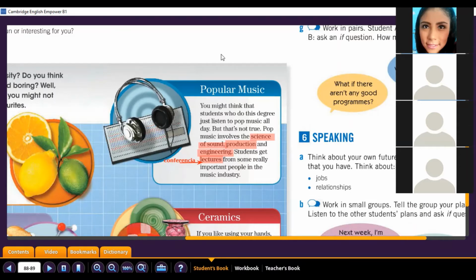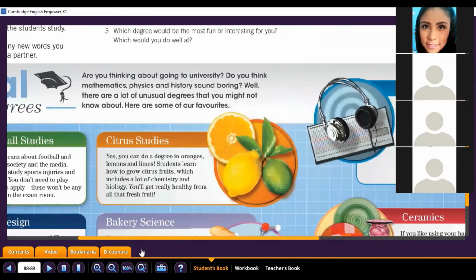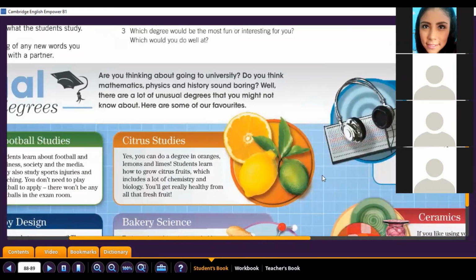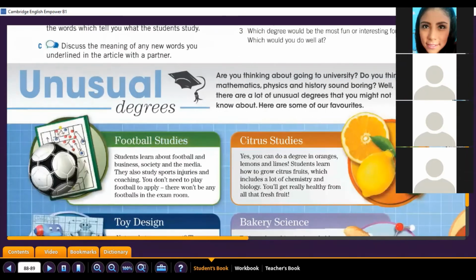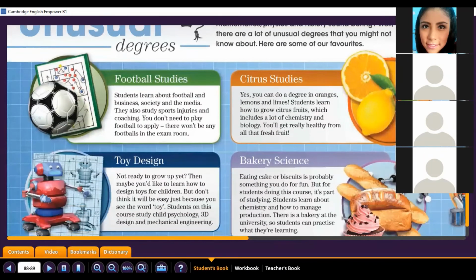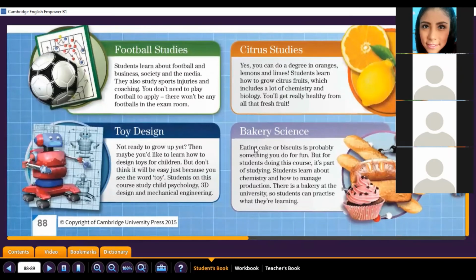Okay, guys, so can you tell me some similar careers in our country? What would it be like football studies? Which career is similar to this? ¿Qué carrera se parece a esta de football studies that we have here in Ecuador?